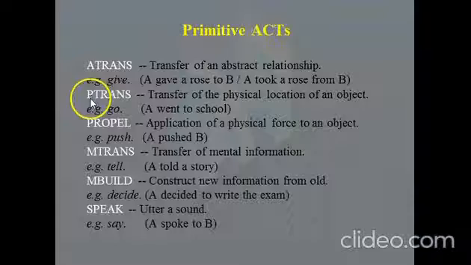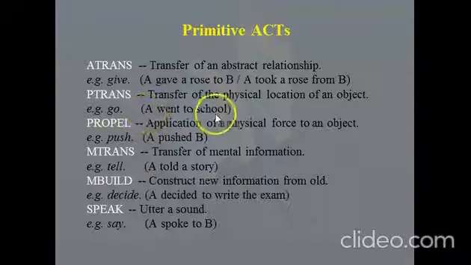Then another one is p-trans, the physical movement of location. If a person moves from A to B, A is a location, B is another location. If a person is moving from A to B, then we will be using p-trans for that movement activity, for that action. So a-trans is moving of an object, and p-trans is the physical change of a location.